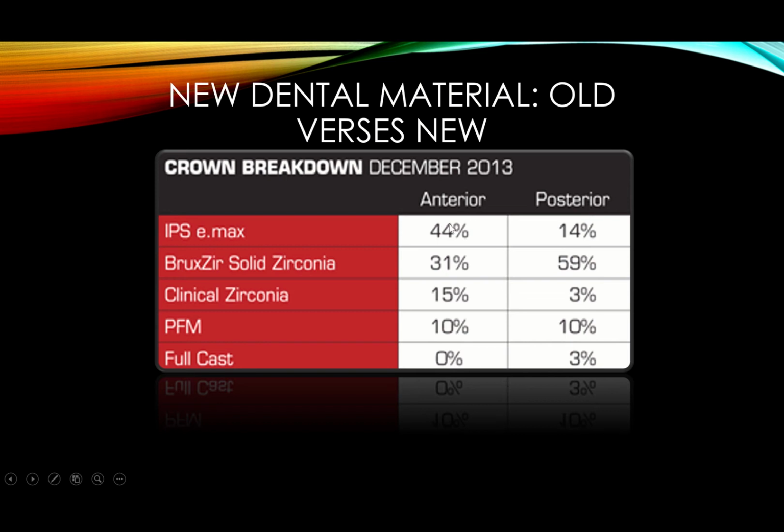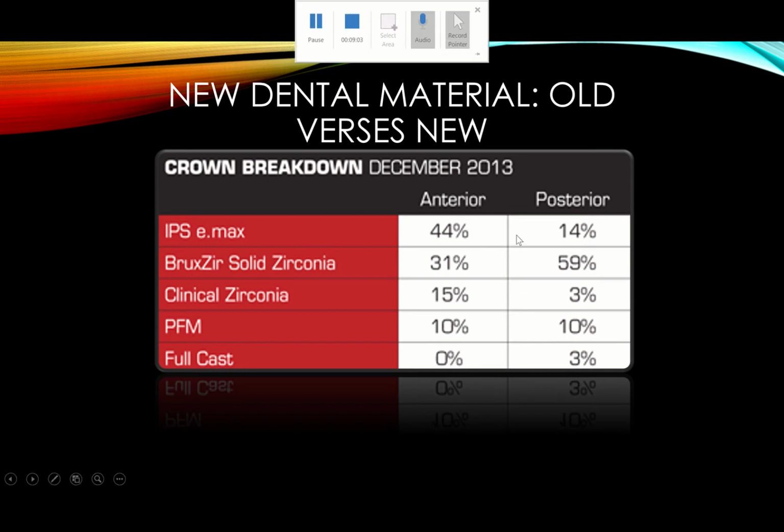Whatever. Let's talk about e.max and clinical zirconia. These are giving the same indications. A lot more breakages in the anterior than in the posterior, which is against what people would predict, right?